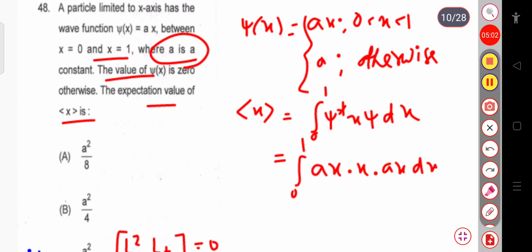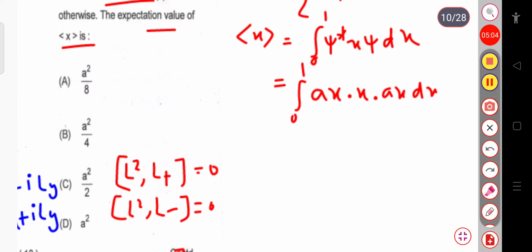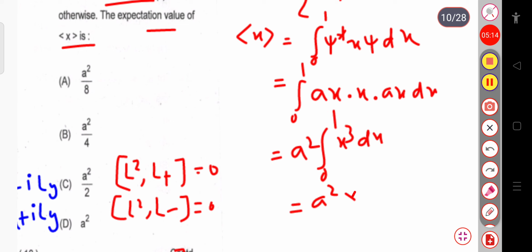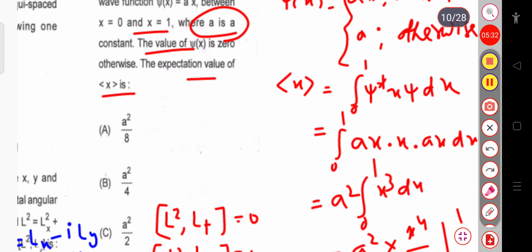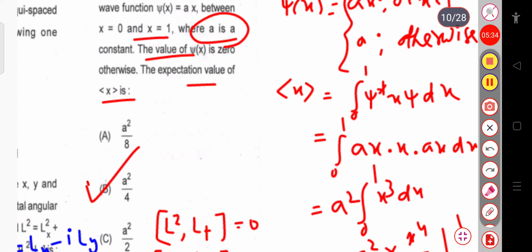That is equal to a square integration of x cube dx over 0 to 1, and that is a square into x power 4 divided by 4 over 0 to 1. If you put the values of x, that is 1 by 4. So here the answer will be equal to 1 by 4 into a square. Okay, so from the options you can see this one is our correct answer.